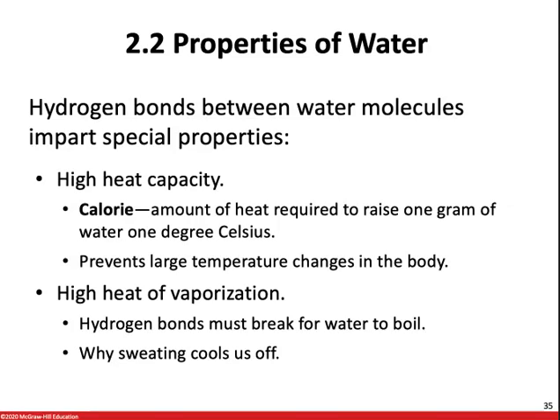I grew up in Green Bay, Wisconsin. So that particular portion of Wisconsin is surrounded by lots and lots of large bodies of lakes and waters. We're up by the Great Lakes. And what we found is even though we lived many, many miles inland, because we're still so near water, the temperature doesn't change very drastically.